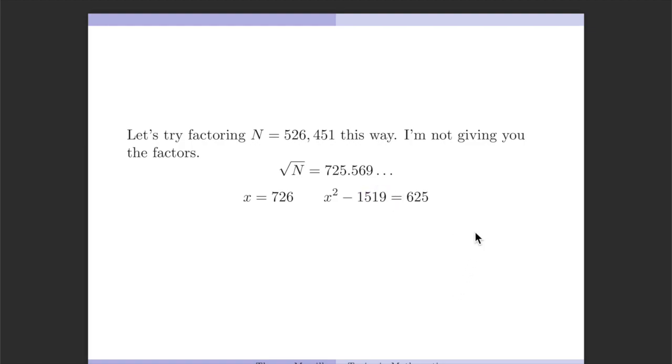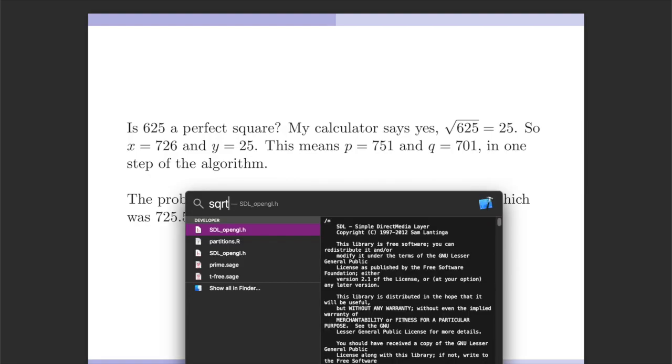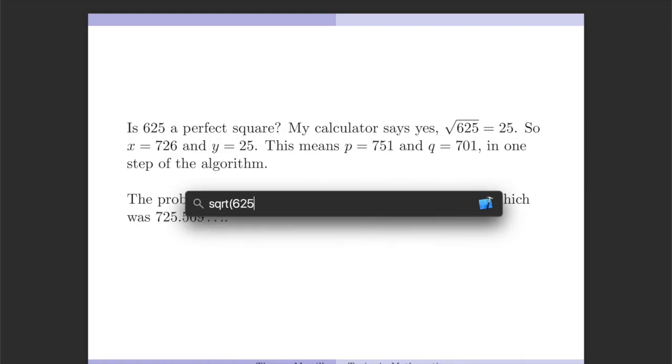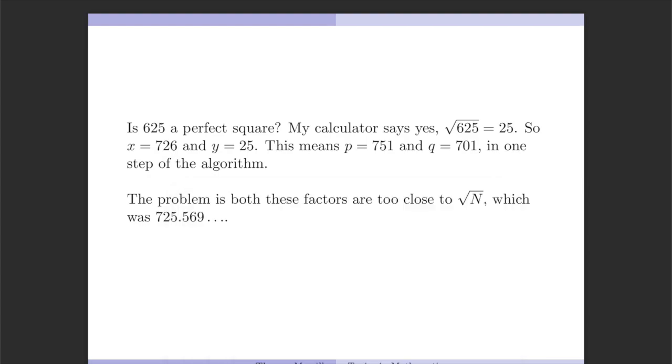Is 625 a square? If you have it memorized, that's fine. If you don't, we can just take a square root. What is the square root of 625? It's 25 on the nose. So 625 is a perfect square.